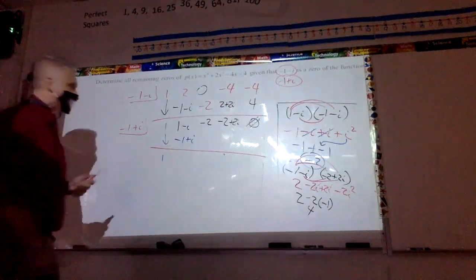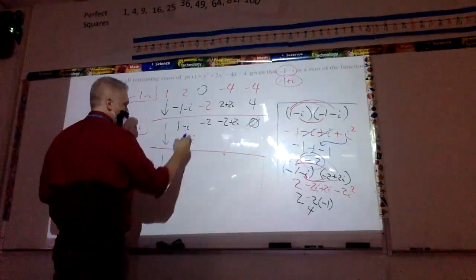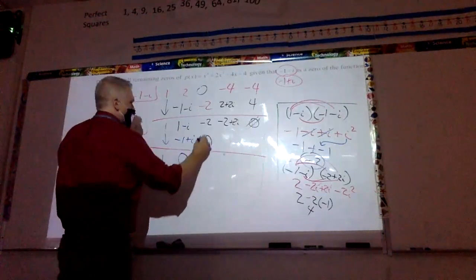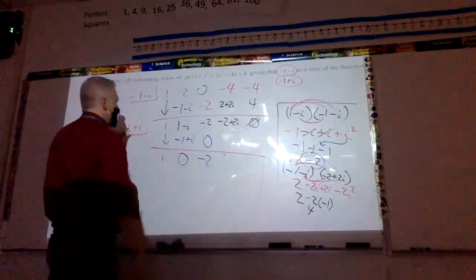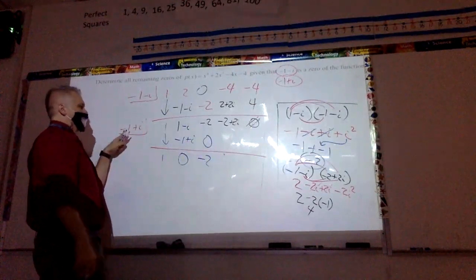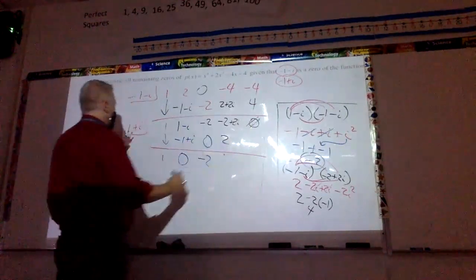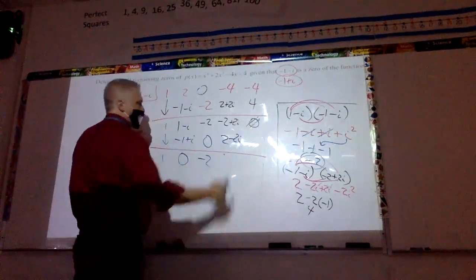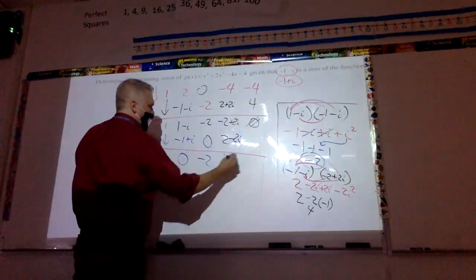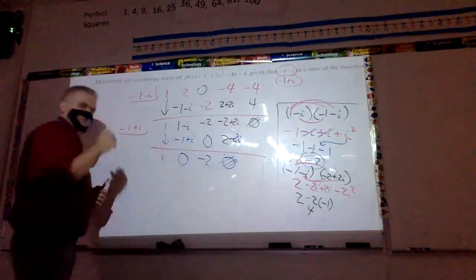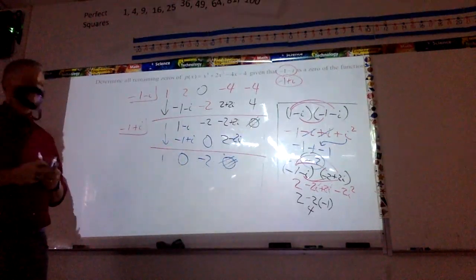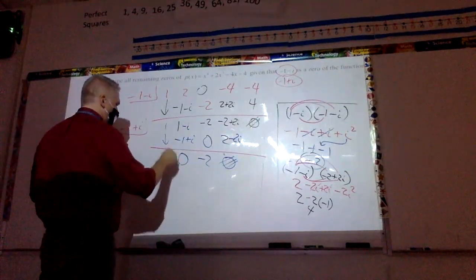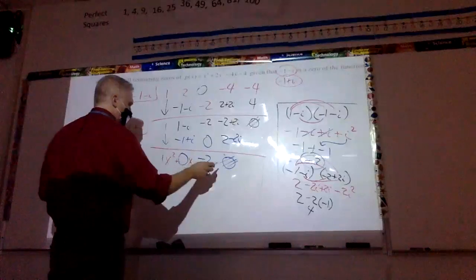Yeah, they cancel. 1 and negative 1 is 0. Negative i and positive i add up to 0. So this times 0 is 0. Negative 2 times negative 1 is 2. Negative 2 times i is minus 2i. And yes, we get a remainder of 0. Pretty sweet. So this is 1x squared plus 0x minus 2.